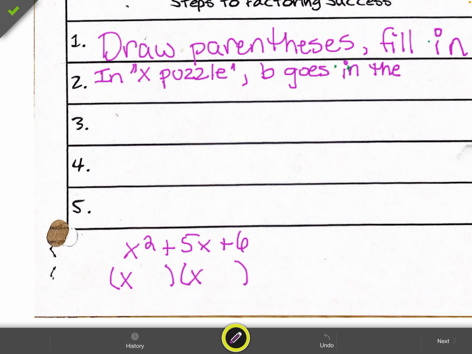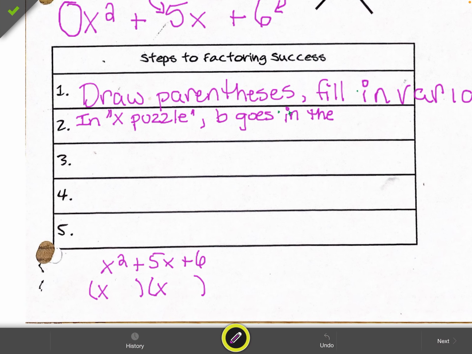Just hold on. So B is going to go in the bottom part of the X. And whatever number we have set as C, C is going to go on the top of your X puzzle.